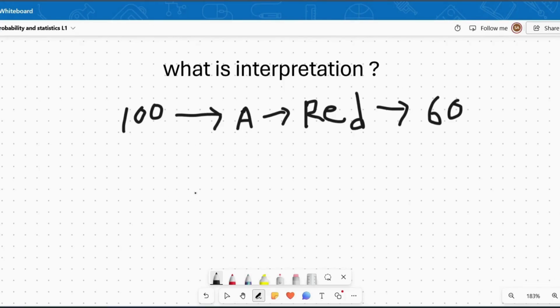So we can say that 60% of people in the class love red color. This is the interpretation. Represent the data in the right way so that everyone can understand it.